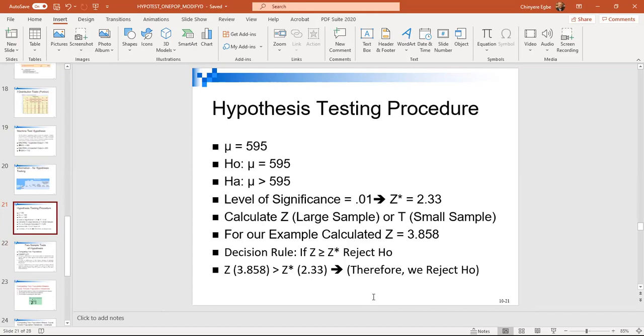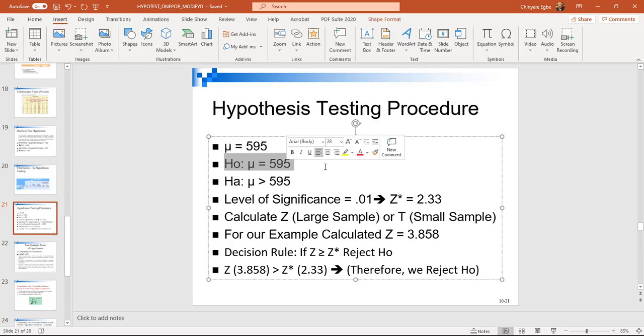I think it is, we accept that the machine produces more. Okay, so now you reject the null hypothesis. You are saying that the machine is not producing at 595. Since you reject the null hypothesis, you conclude then that the machine is producing more than 595. Am I correct? Yes. Good.